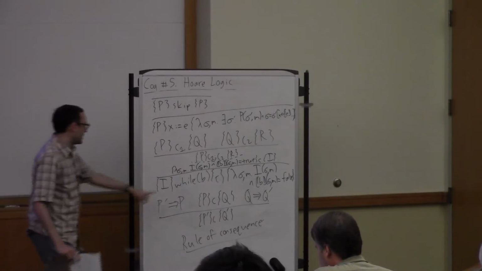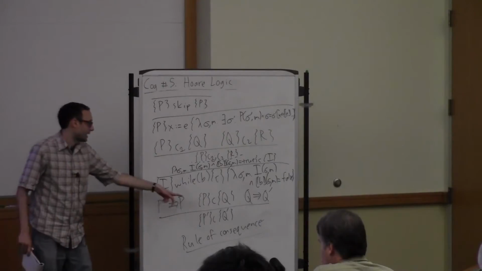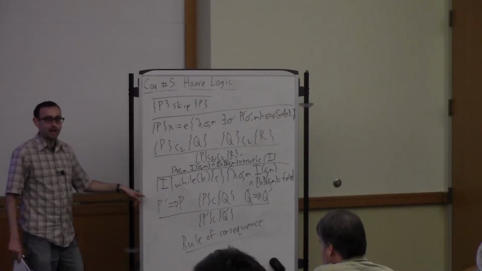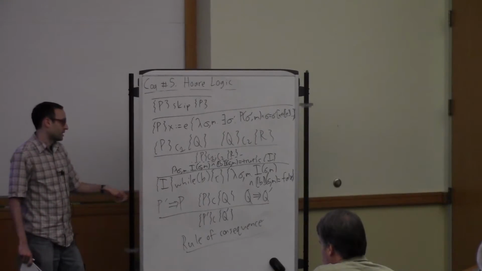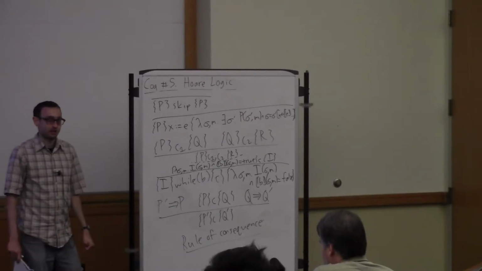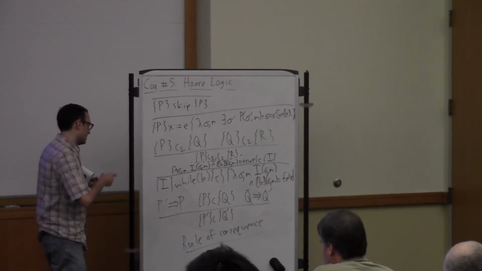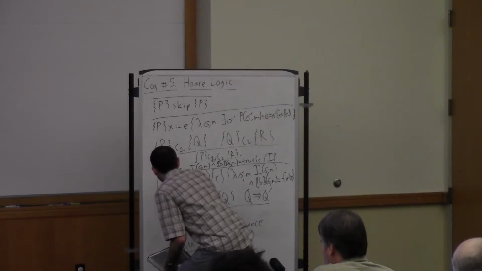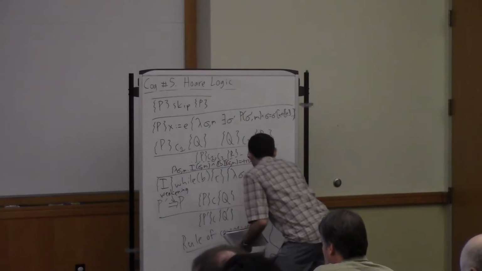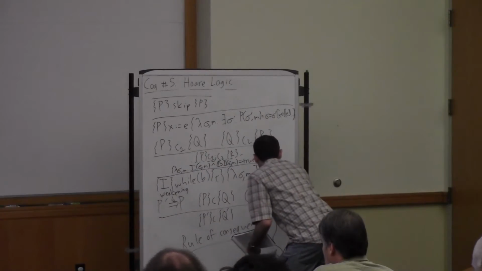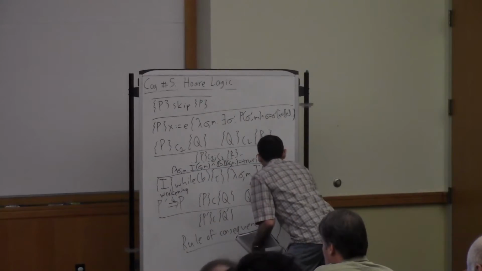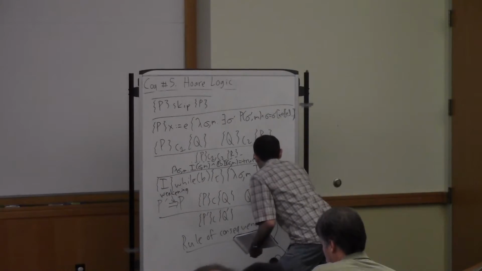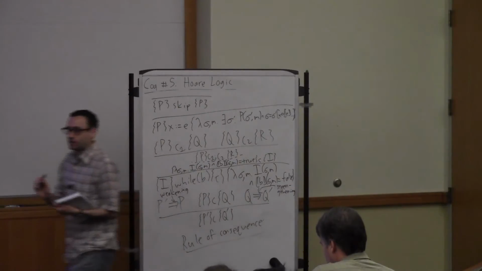So we can take the precondition we proved before, and we can replace it with another one that implies the precondition we started with. This is called weakening the precondition. I'll write that here. We're weakening the precondition. And we're strengthening the postcondition.